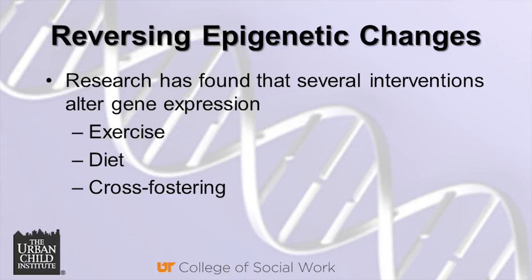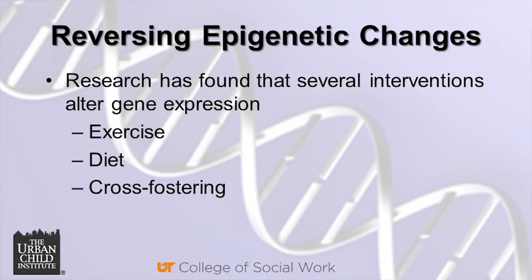So, again, the interesting thing and the fun thing to read about is that several types of interventions can reduce or reverse these gene expression changes. Exercise has been shown, for instance, to increase functioning of the metabolism through stimulation of genes that do a better job of producing insulin and making the body sensitive to insulin.